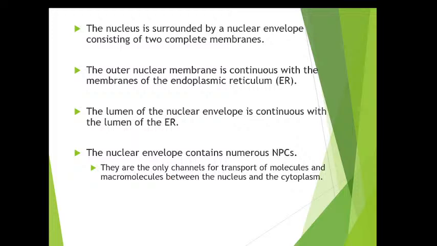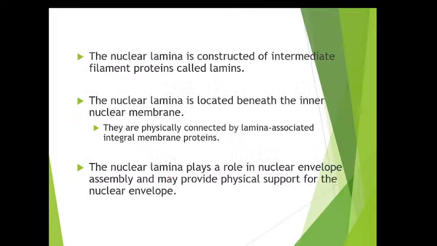The nucleus has a nuclear membrane, which is continuous with the endoplasmic reticulum, and the nuclear membrane contains so many membrane channels. Then the nuclear membrane is supported by the nuclear lamina, which gives strength or support to the nuclear membrane.